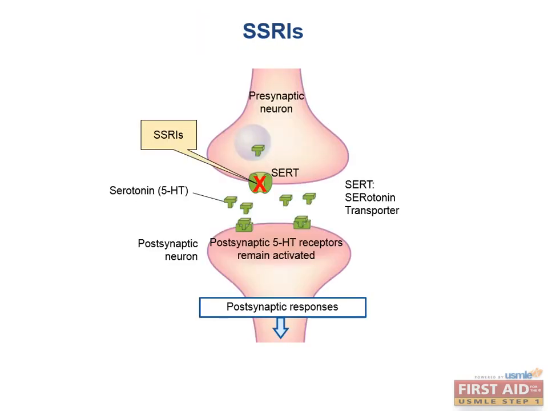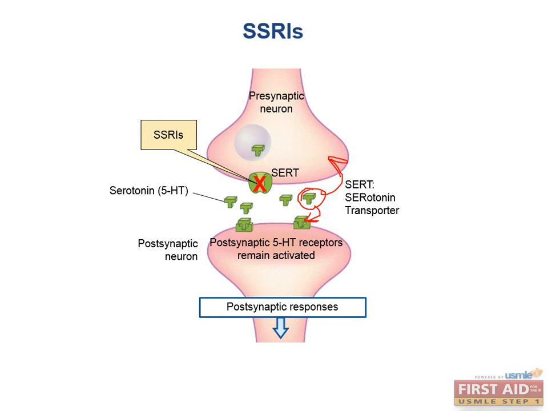Let's start by looking at the serotonergic neuron. As neurotransmitter launches from the presynaptic neuron to the receptor on the postsynaptic neuron, so here are the neurotransmitters, and they're going and binding to the postsynaptic receptor. They can either bind to the receptor itself, or they may get taken up by the presynaptic neuron again to be reused or metabolized.